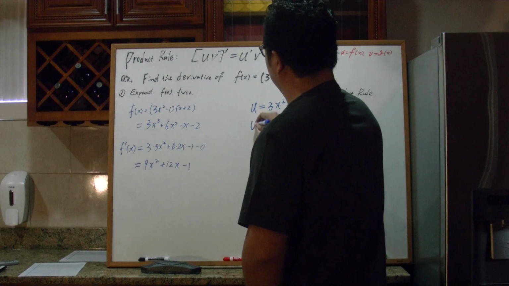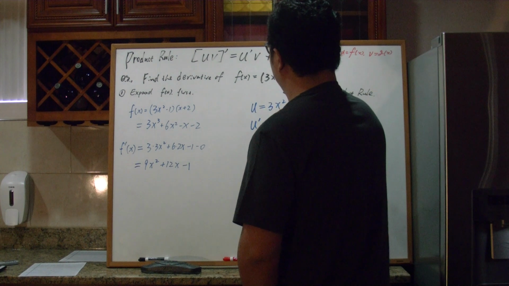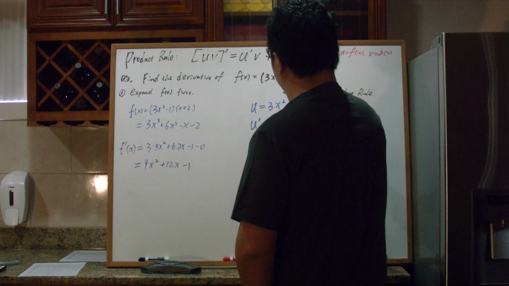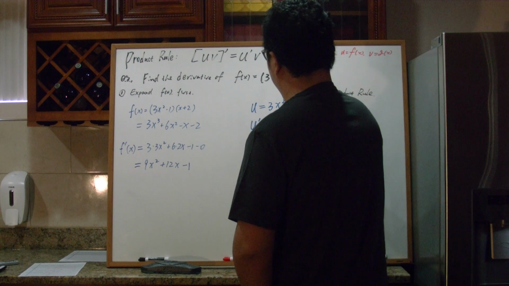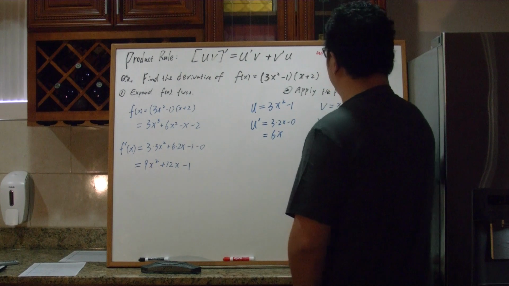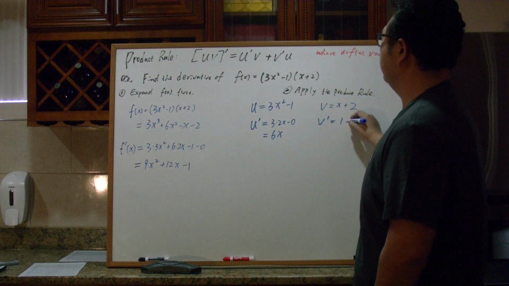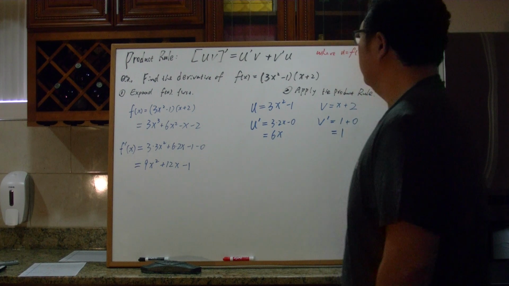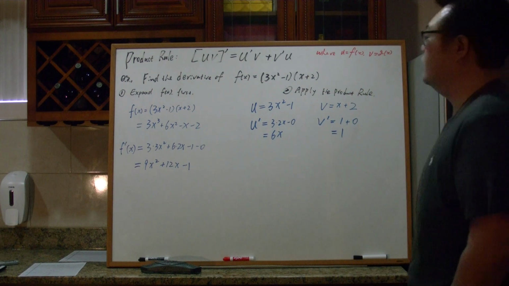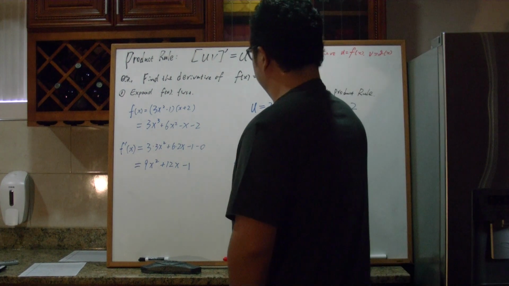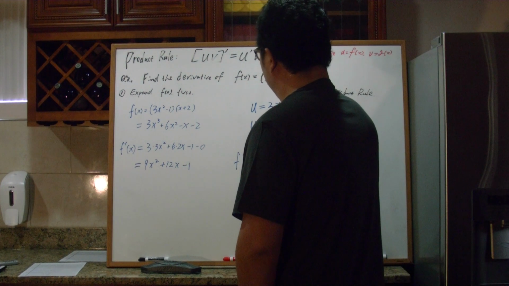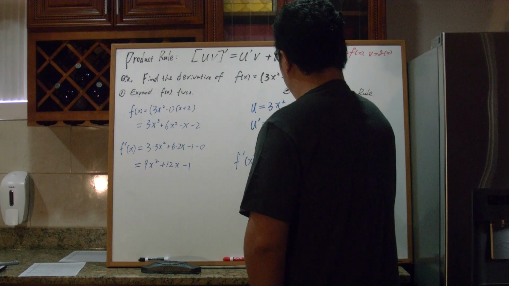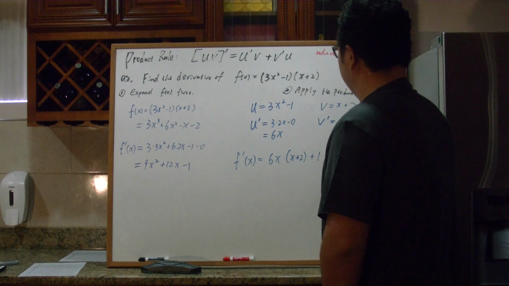Then u prime is the derivative of that: 3 times 2x minus 0, that's 6x. V prime will be the derivative of x, which is 1 plus 0, that is 1. So f prime of x will be u prime times v plus v prime times u.